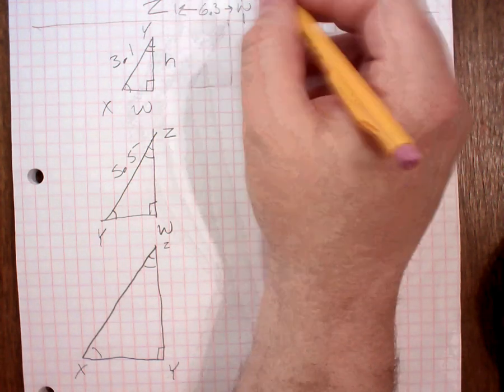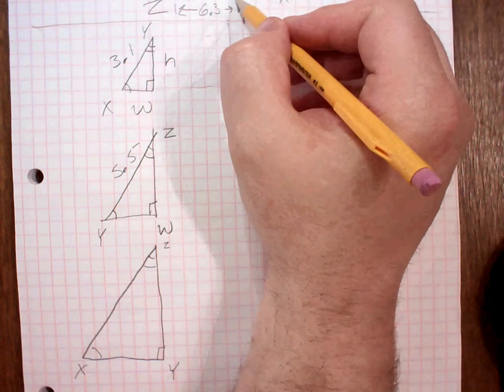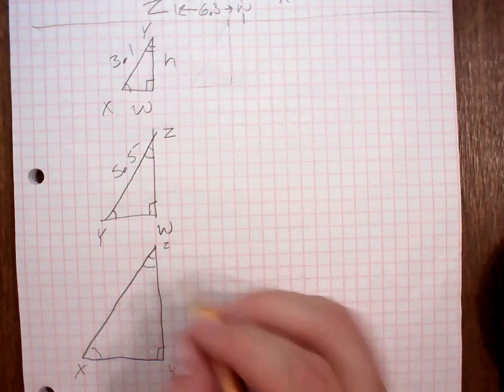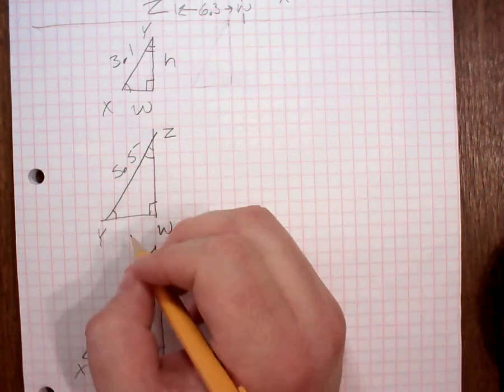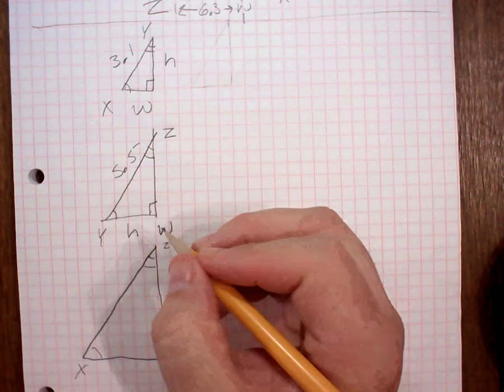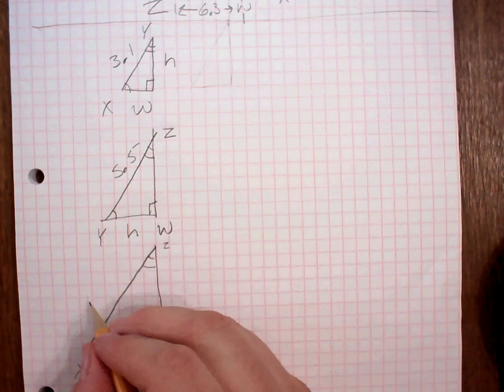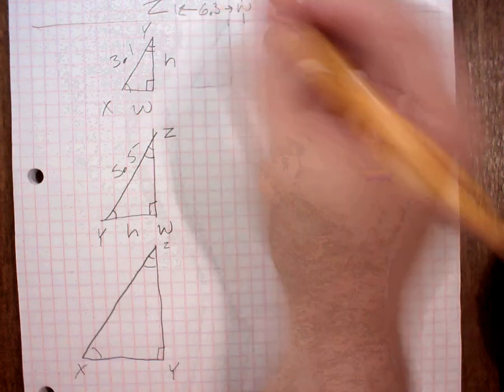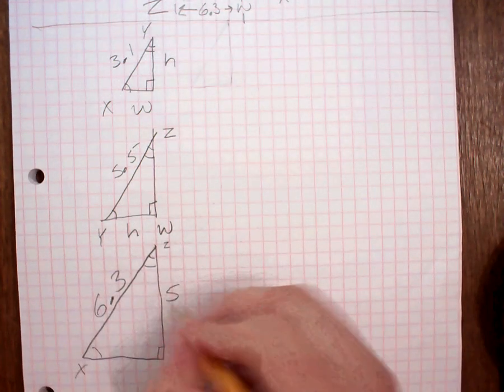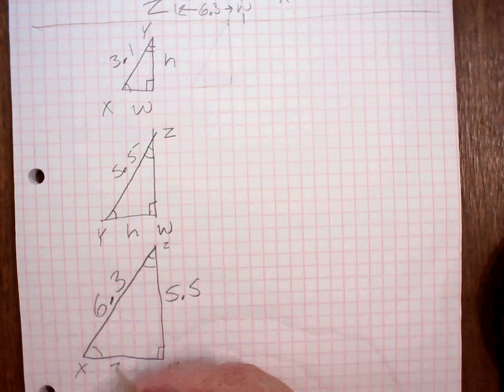And then if you look at the great big triangle, this is the hypotenuse, okay? But now when we get down here, this is a little tricky. So for this one is 5.5, but from Y to W is actually the value of H. And then the medium-sized one, we actually have 6.3, 5.5, and then 3.1.